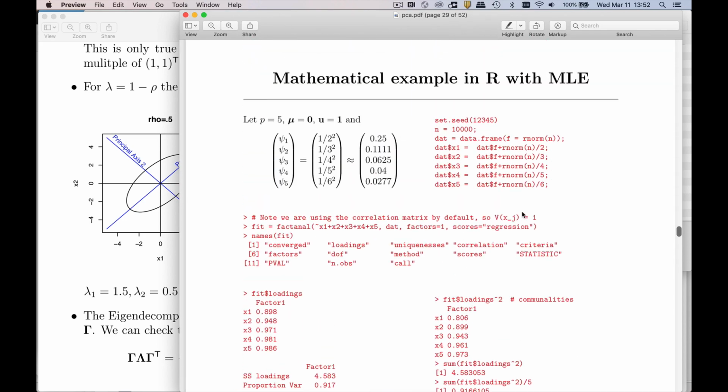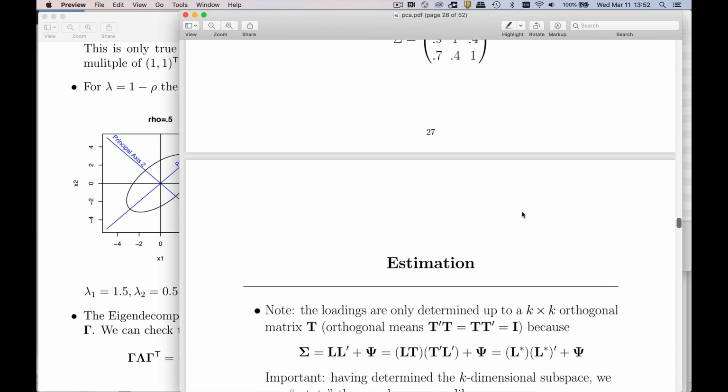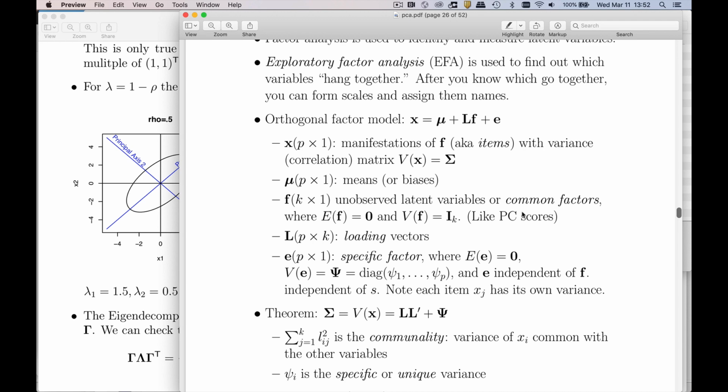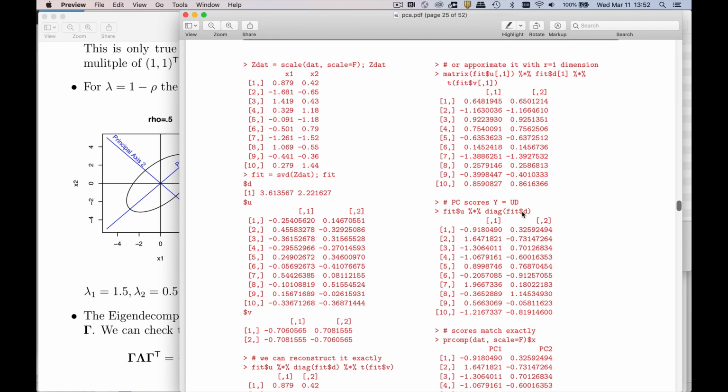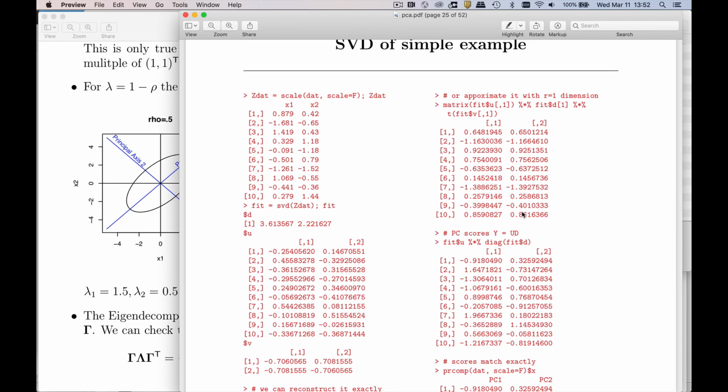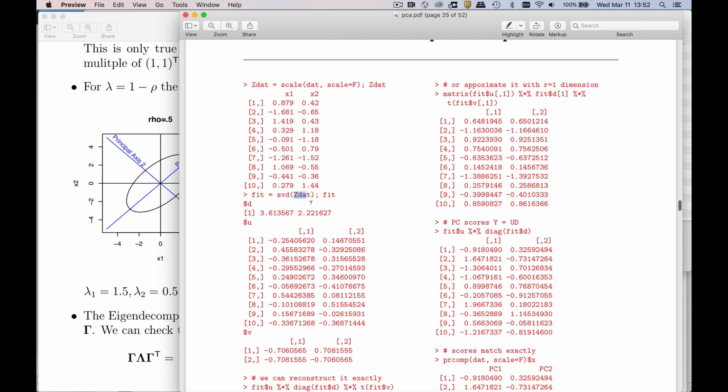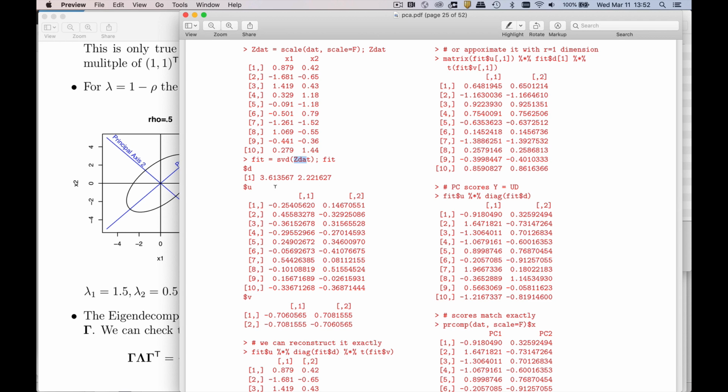We're going to try out the SVD. Here's our SVD. I'm going to compute the SVD of this simple tiny data set with 10 rows, 2 columns. And what does the SVD object look like? Well, we have our singular values.